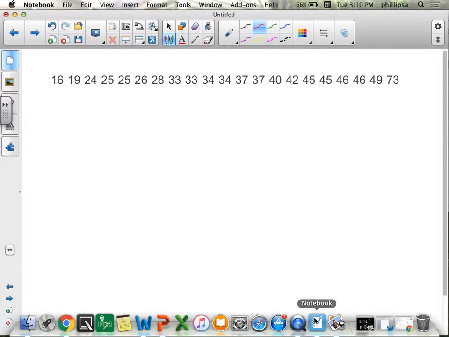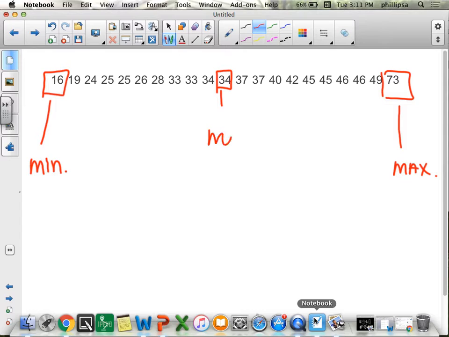Our minimum and our maximum are usually easy to find, except we're not 100% sure whether the maximum is an outlier right now, but for the moment, we'll mark this as our maximum. Our median: there are 21 values, so counting 1, 2, 3, 4, 5, 6, 7, 8, 9, 10, 11, here's our median.